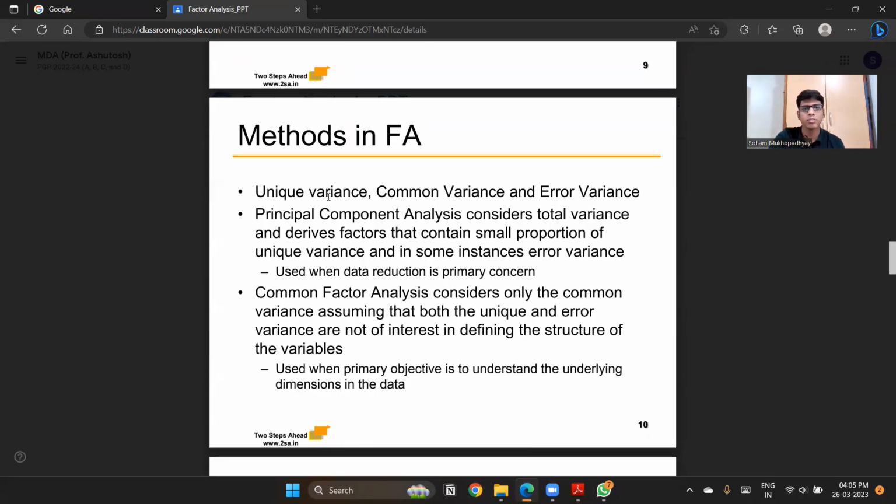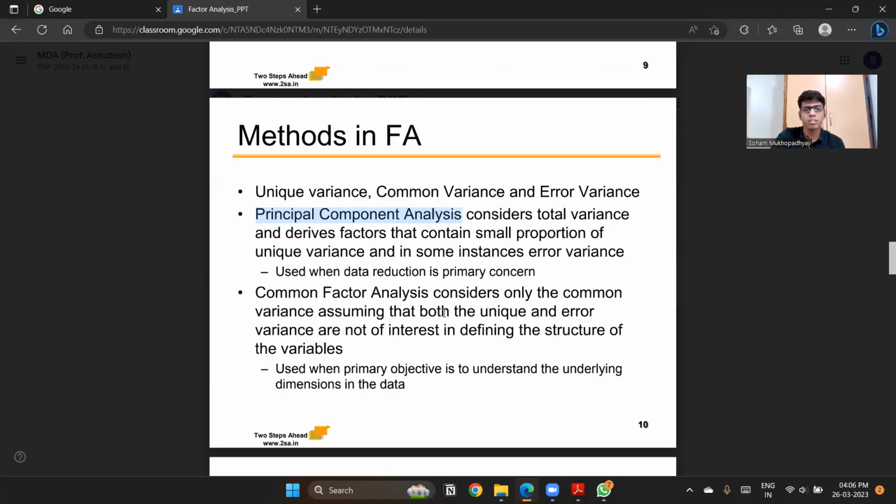So there are 3 kinds of variances within a factor: unique, common, and error variance. And all 3 of them make up the total variance. And there are 2 methods of doing it, among which principal component analysis is what we have done in class, as far as I can remember. This considers the total variance of the variables, which includes all the common, unique, and error variances.